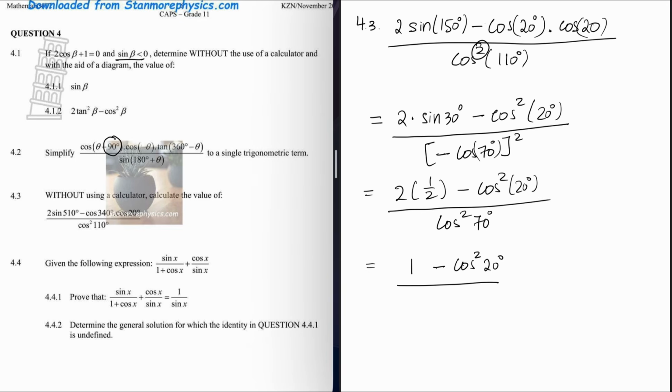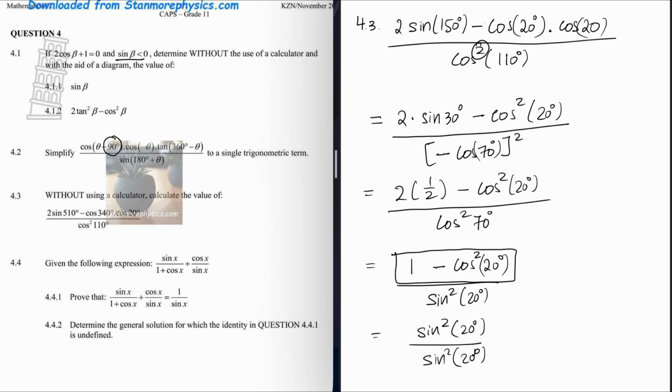But we can use co-functions. And cos squared 70 can be rewritten as sine squared 20. Now the reason why I'm doing this is because I can see that I have cos squared in my numerator, and 1 minus cos squared simplifies to sine squared. So 1 minus cos squared 20 simplifies to sine squared 20, and that's divided by another sine squared 20, and that's going to equal 1. So all of that simplifies to 1.